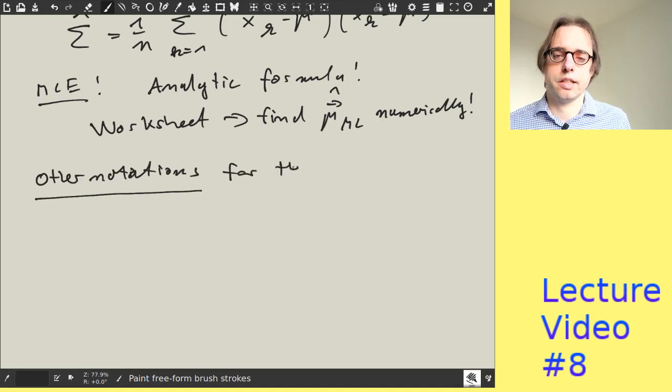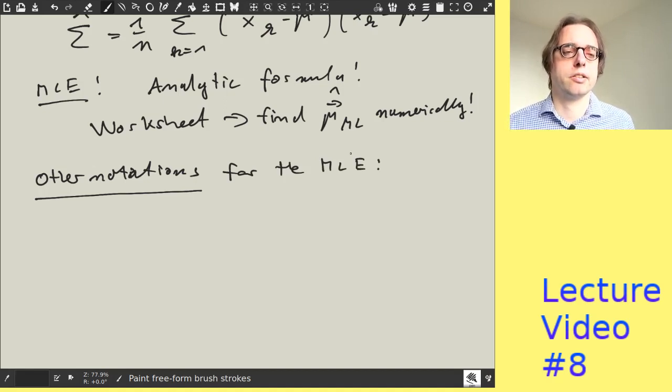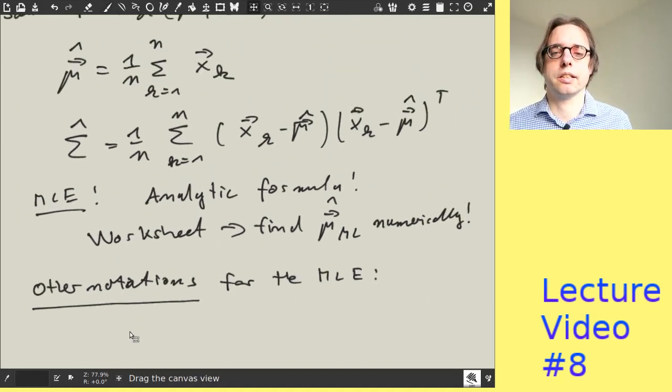Notations for the MLE. So what I gave you is the notation where you use the data vectors, and then there are two other notations. One is a component notation and one is a matrix notation, and both of them are given in the script for completeness, but I'll mostly use this notation.